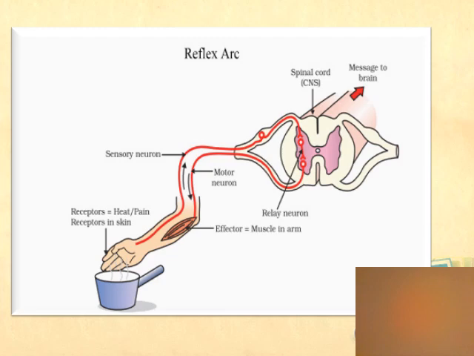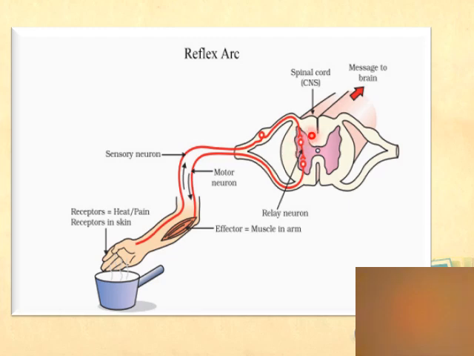Here is a more detailed diagram. Once our receptors that respond to heat receive a stimulus, the message is going to move from the receptor through the sensory neuron toward the dorsal root of the spinal cord, in order to be given to the interneuron.